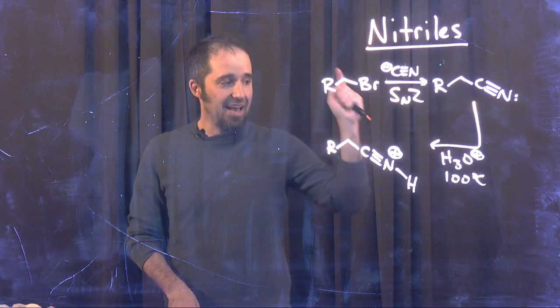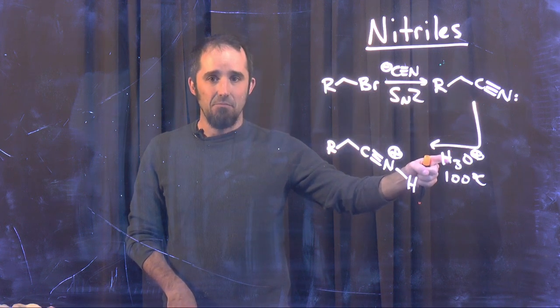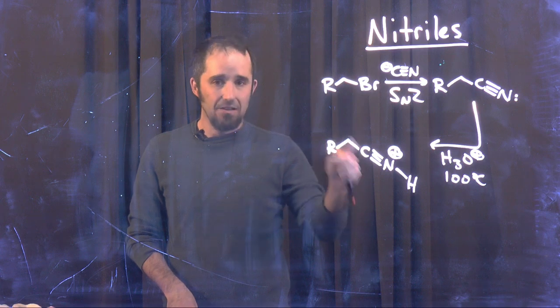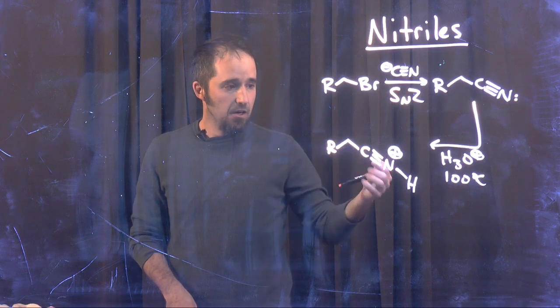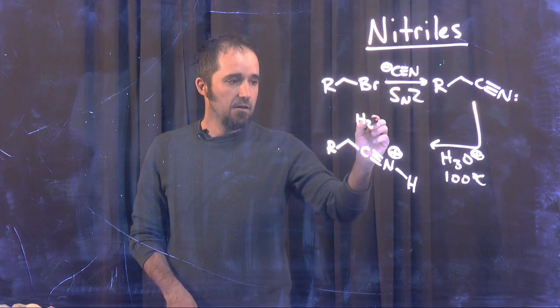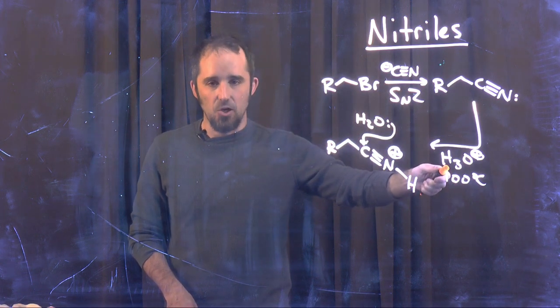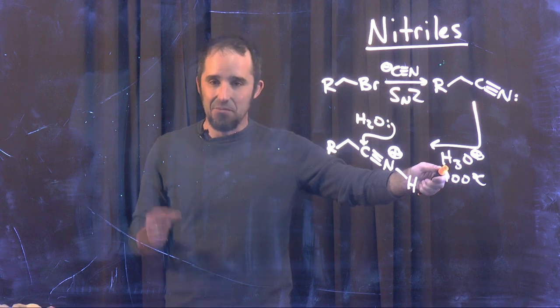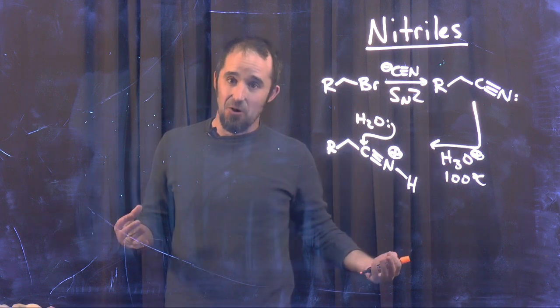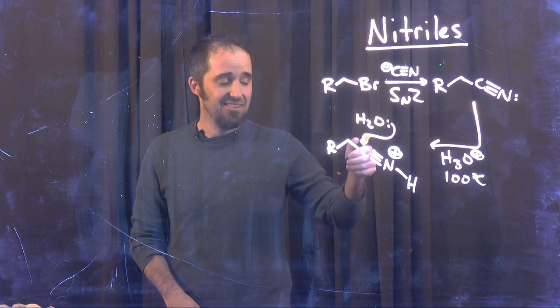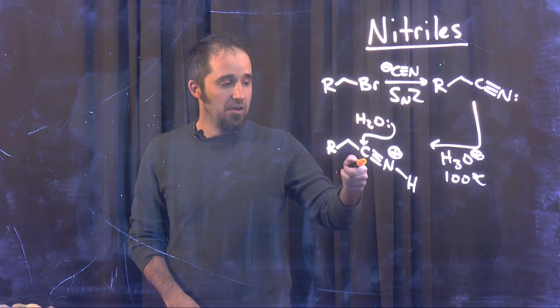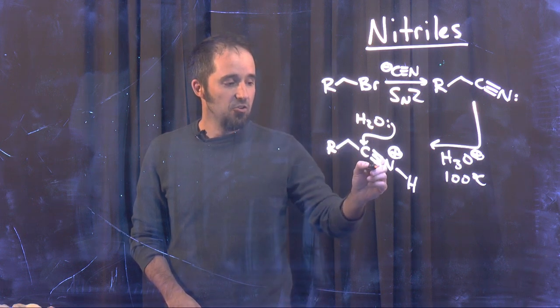So by using acid catalysis, I'm making my electrophile more electrophilic so that some weak nucleophile, like water, can attack. Anytime you see H3O+, assume that there's a little bit of H3O+ and a lot of H2O. This is the solvent. So H2O is going to come in as my weak nucleophile.